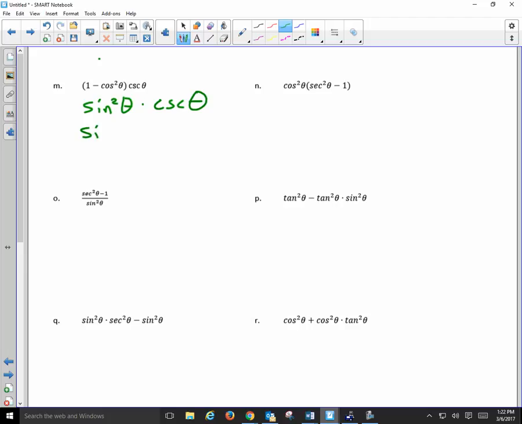This is sine squared of theta over 1 times, how do you rewrite cosecant? 1 over sine. So for those who weren't here on Friday, this is what we did Friday: we said cosecant can be written as 1 over sine. They're reciprocals. So as you multiply them, one of the sines will cancel, giving you just sine of theta.